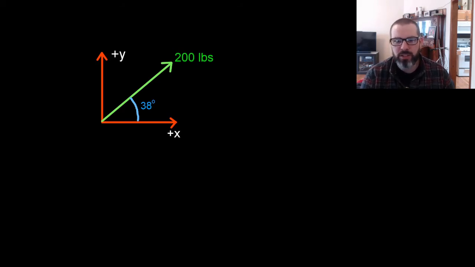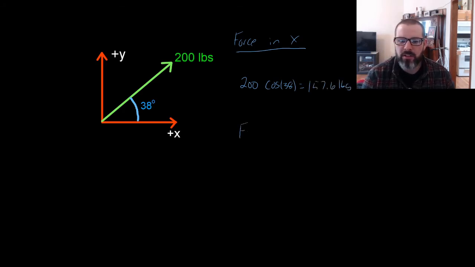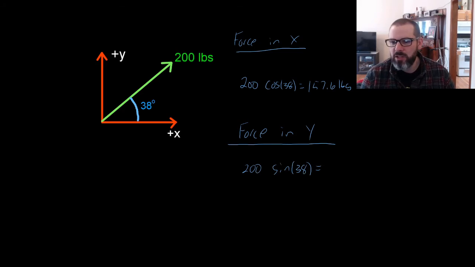If I want to find the force in the x direction, I can simply find it by doing 200, which is the magnitude of the force, times the cosine of 38, and that is equal to 157.6 pounds. I can find the force in the y direction by saying 200 sine of 38 degrees, which is 123.2 pounds.